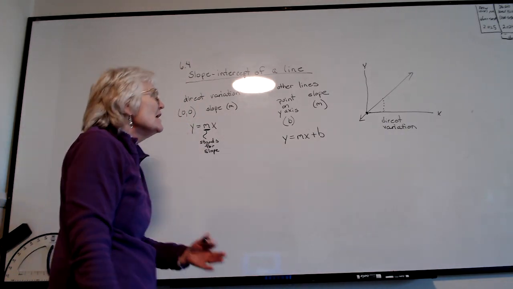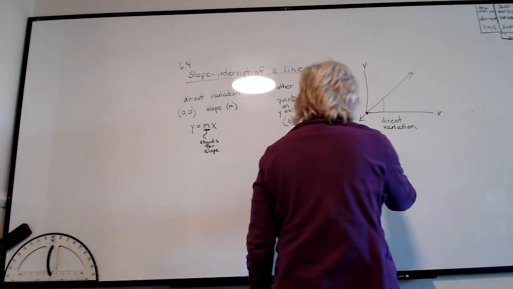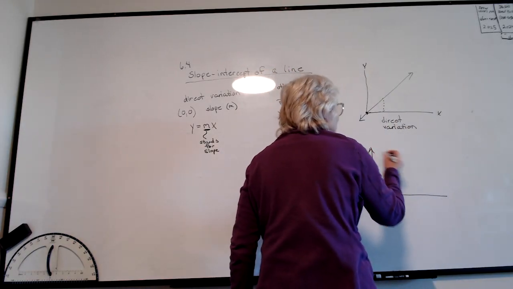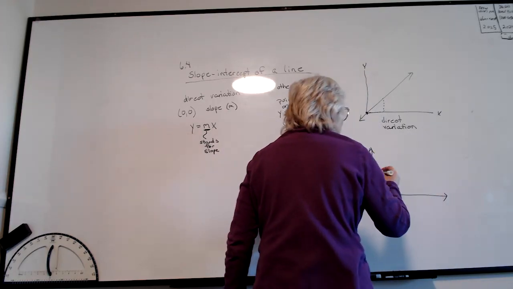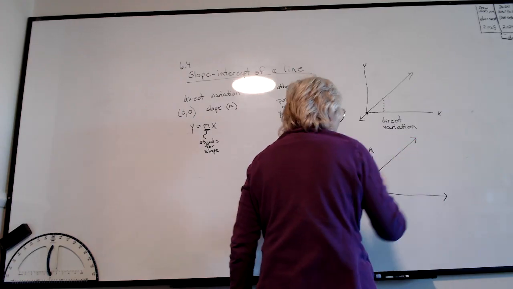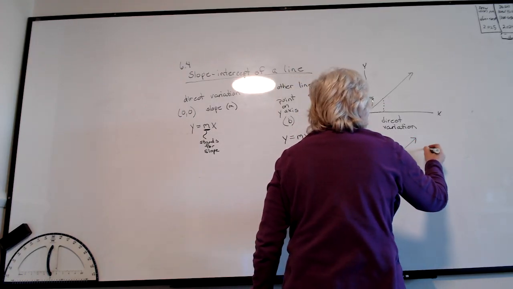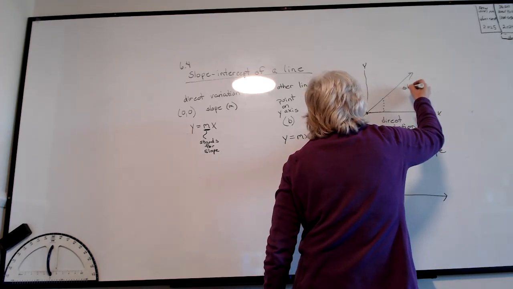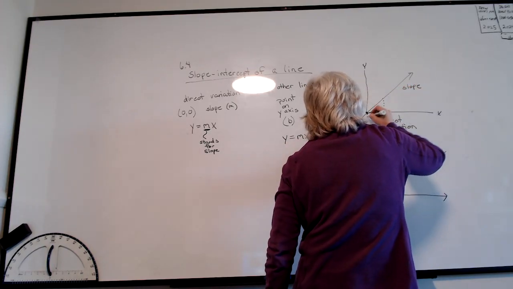The other kinds of lines that we have are lines that don't necessarily go through the origin. They might start up here. What we look at on those, they still have a slope.